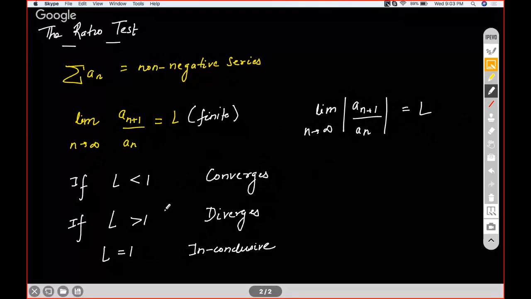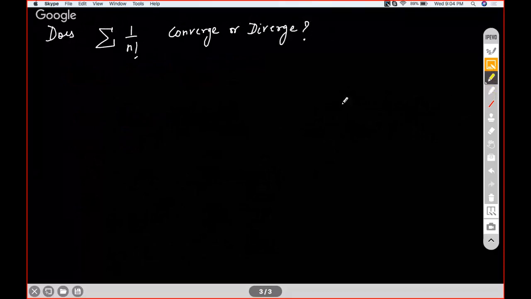Let's take a few questions based on this. Does summation 1 by n factorial converge or diverge? If I have to find this by using the ratio test, I'll write the an plus 1th term, which is 1 by n plus 1 factorial.